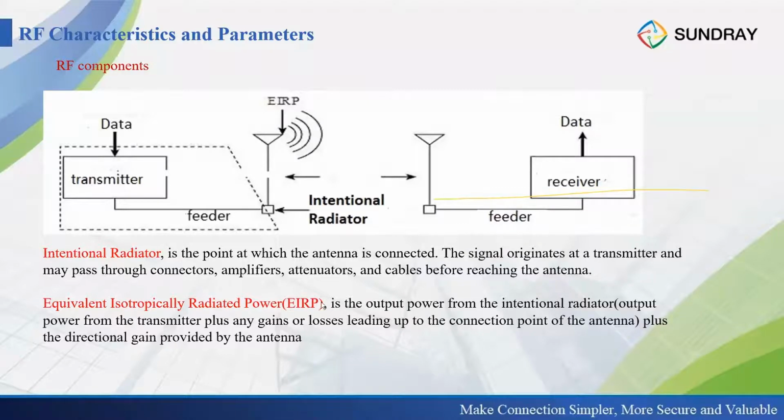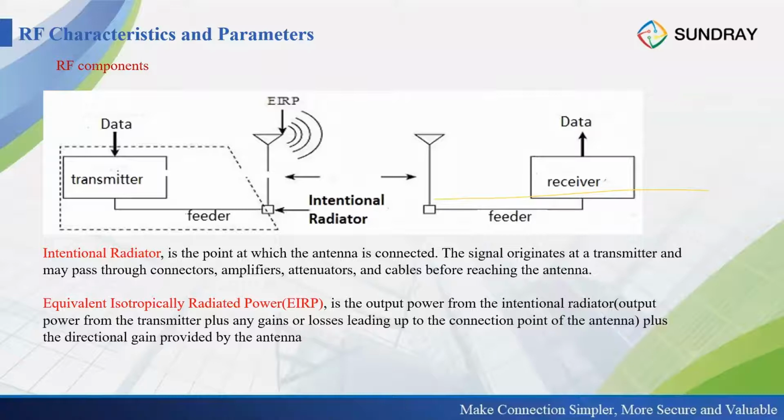So this is the EIRP. And here we need to know the difference between the IR and the EIRP. Even if we don't have an antenna, we still have a signal, but the signal is not strong. It's from the intentional radiator or the transmitter. So if we want it to be stronger, we add the antenna.